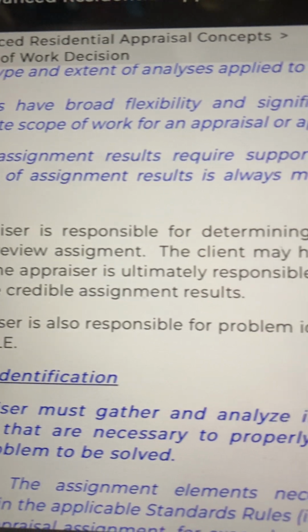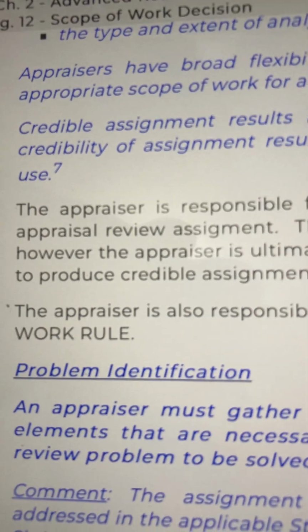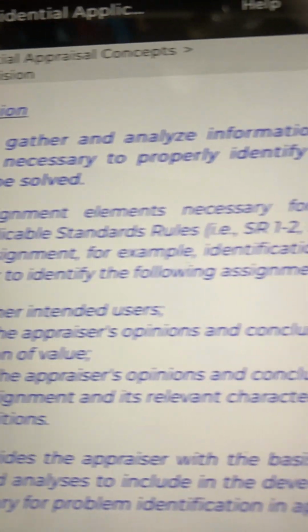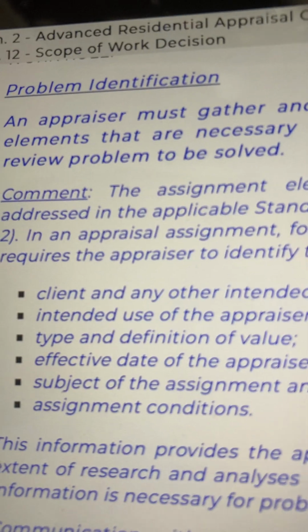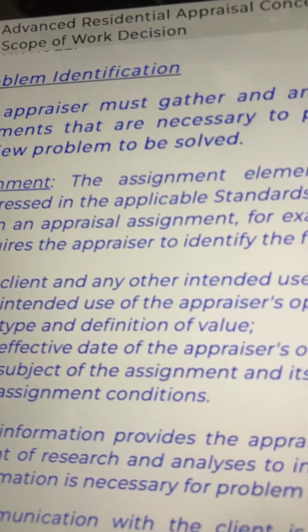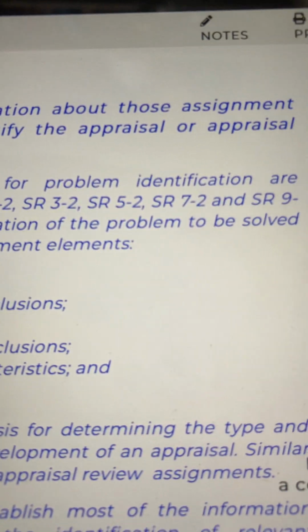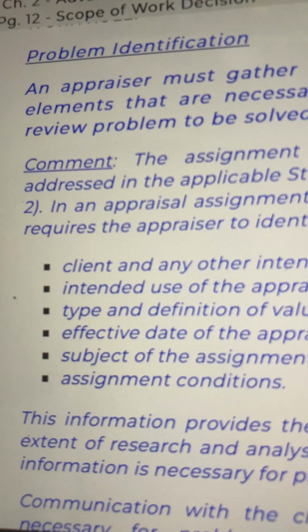The appraiser is also responsible for problem identification, according to the scope of work rule. Problem identification. An appraiser must gather and analyze information about those assignment elements that are necessary to properly identify the appraisal or appraisal review problem to be solved.